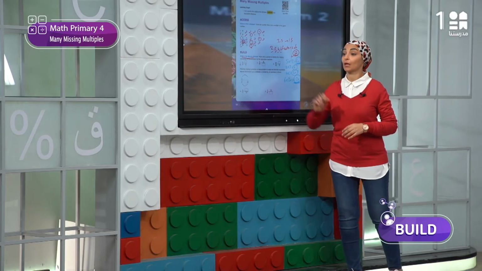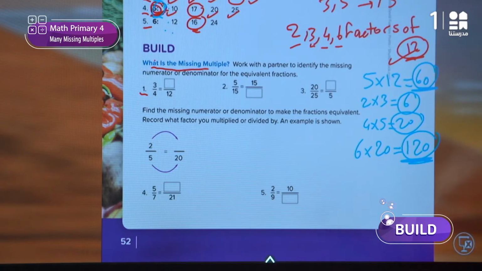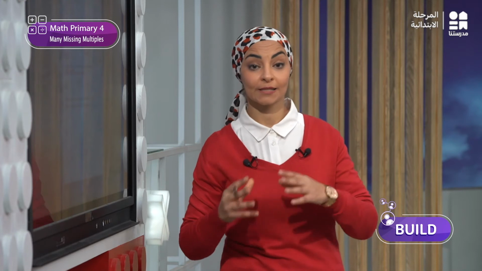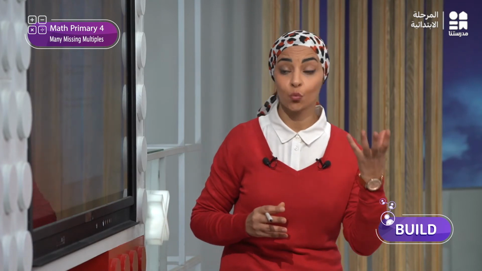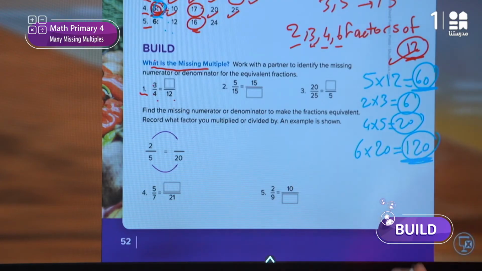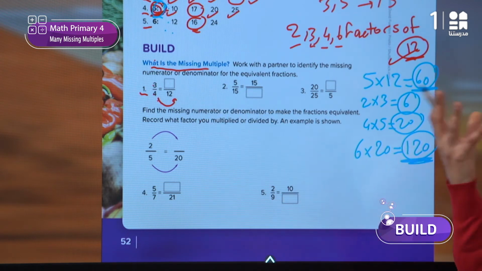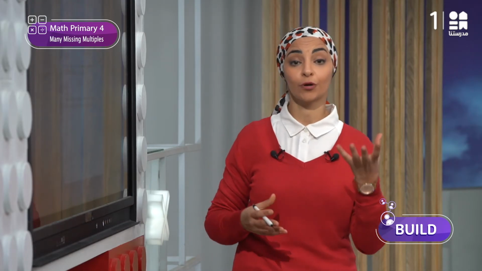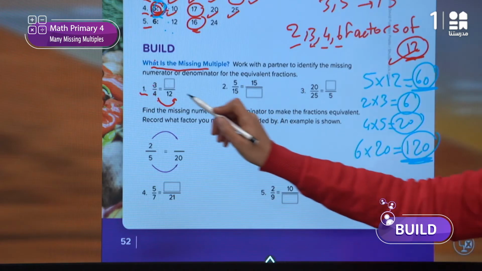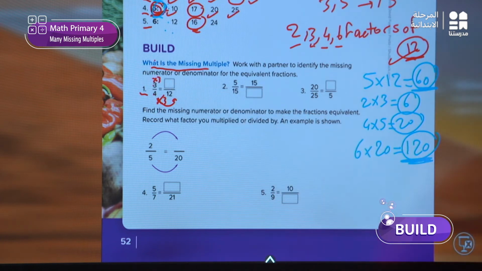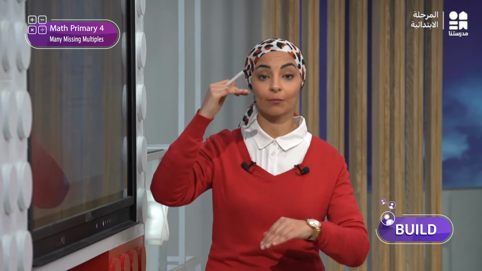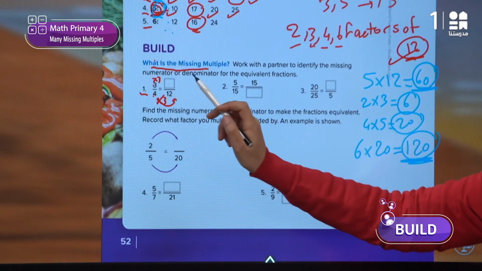تعالوا كده نشوف in problem number 1. Here we want to know the numerator of the fraction which is equal ل 3 over 4. وكمان الدينومينيتور بتاعي 12 بتاع السكند fraction 12. طيب أول حاجة إحنا ملاحظين إن الدينومينيتور في الفيرست one كان 4 and becomes 12. 4 becomes 12 يبقى عملت إيه؟ Of course عملت 4 times 3. أول ما أعمل 4 times 3 يبقى لازم أعمل times 3 up again. أوكي؟ أنا اتفقت اللي هعمله في النومينيتور هو نفس اللي هعمله في الدينومينيتور والعكس. يعني 4 times 3 equals 12.